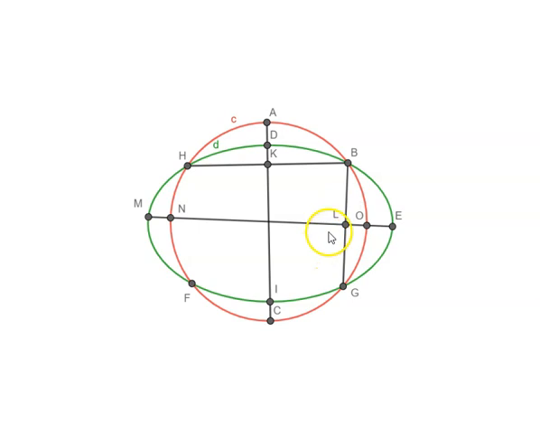We know that if these are right angles, then the center lies on this line. We know now that the center of circle C lies on AC and NO. Now the only point at which they are intersecting is this point. That means this is the center of the circle C.